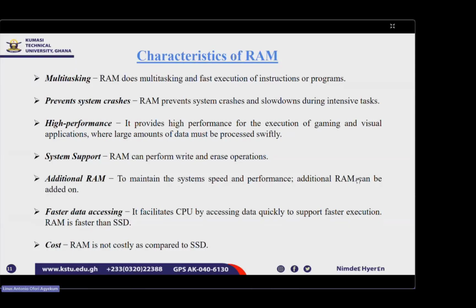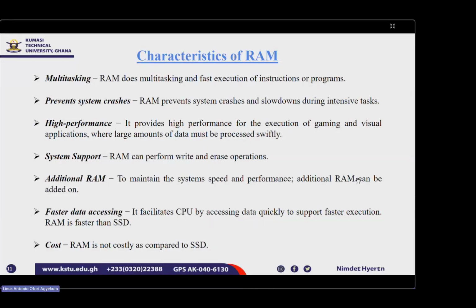Now, it also prevents system crashes. What the RAM does is that in an event where there is the possibility of a system crash, it triggers something that allows the system to slow down.